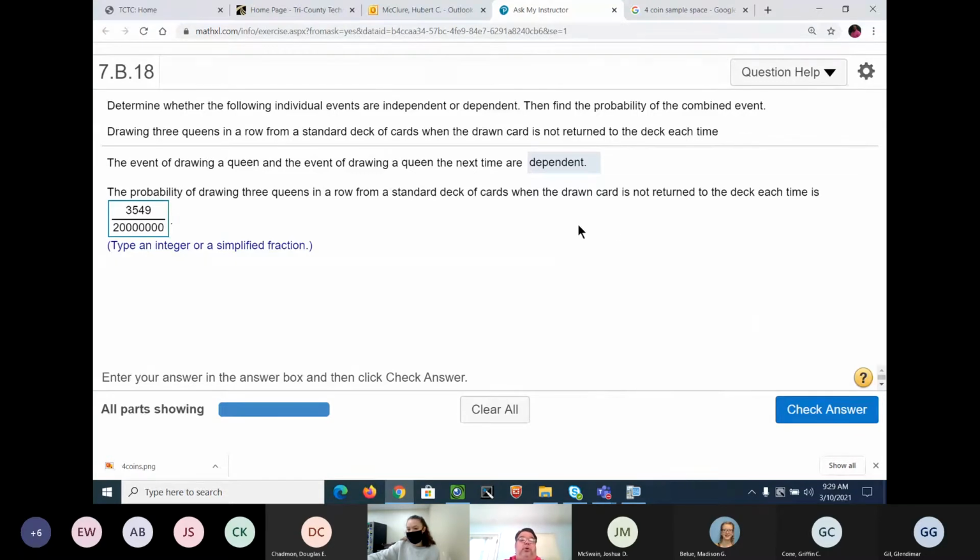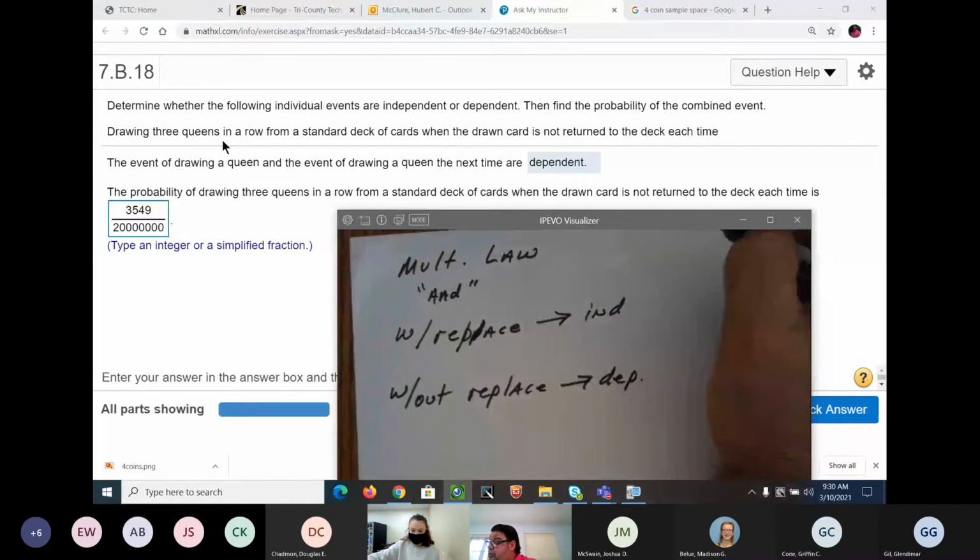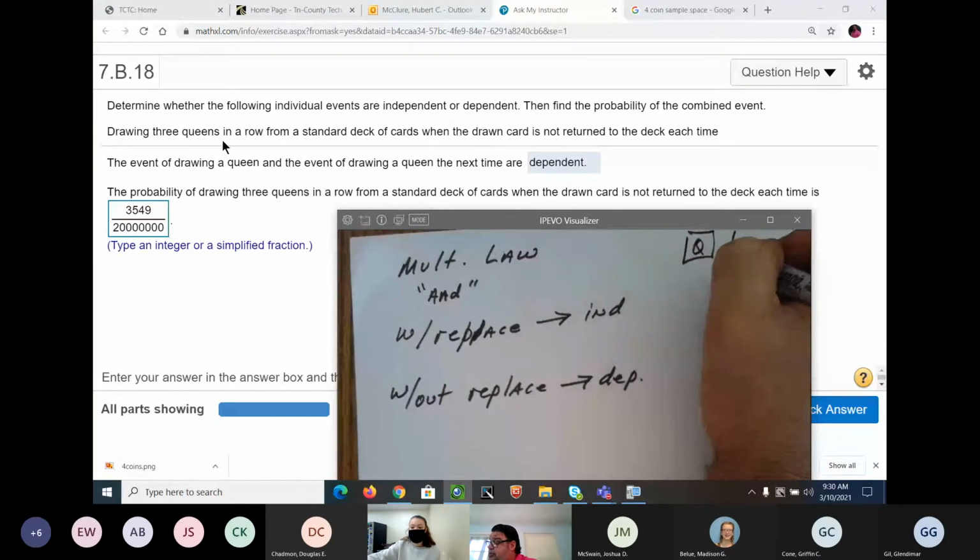Okay, so it says determine whether the following individual events are independent or dependent. Drawing 3 queens, you know there's 4 queens in a deck of cards. Everybody knows that. And if you don't know it, you need to Google deck of cards, and hit images, and it'll show you a deck of cards.